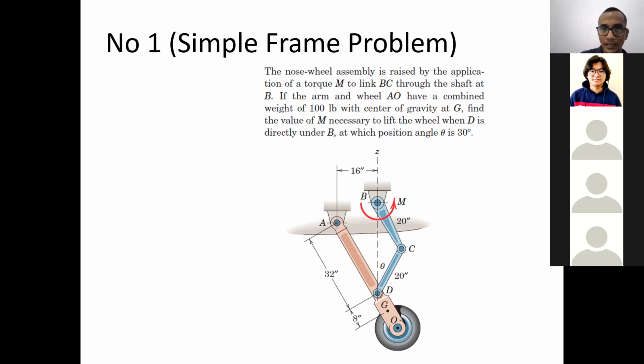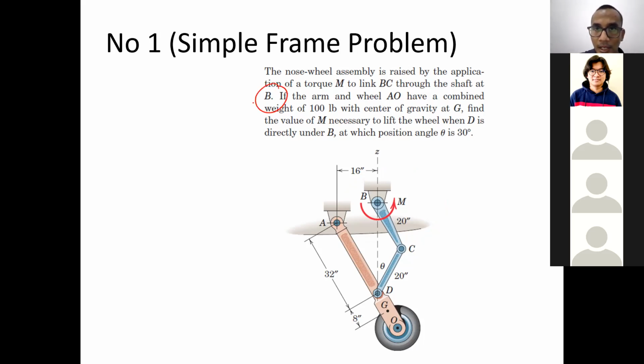The value of M. Yeah, the moment value necessary to lift the wheel. It's already shown here. The moment is counterclockwise, and it's given at P. At P, yes, correct.